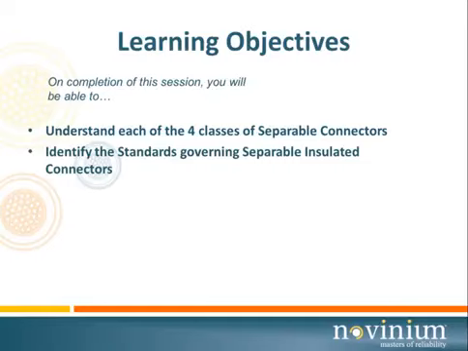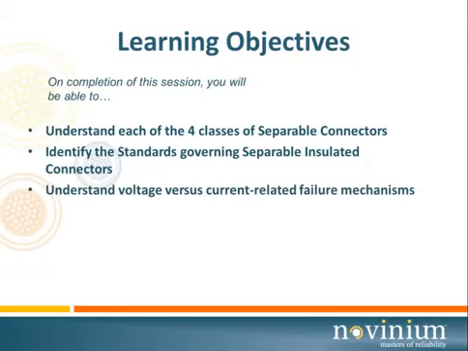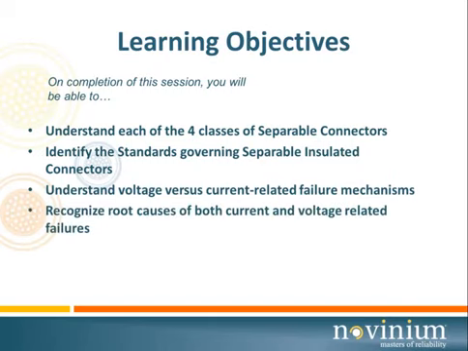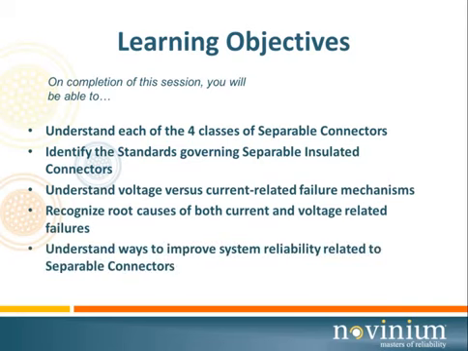We're going to go through the standards that govern not only the geometry, but also the ratings and the qualification requirements of separable connectors. And then we're going to go through current and voltage-related failure mechanisms so you can understand the differences between them, and then recognize the root causes of either one of them. And when we have all that together, this will give you a much better understanding of how we can improve the reliability of separable connectors, and ultimately the system.